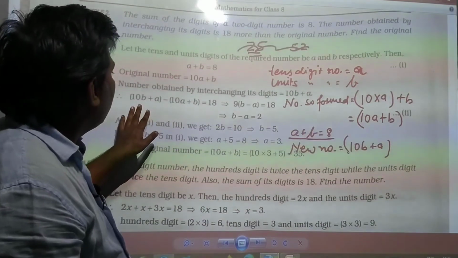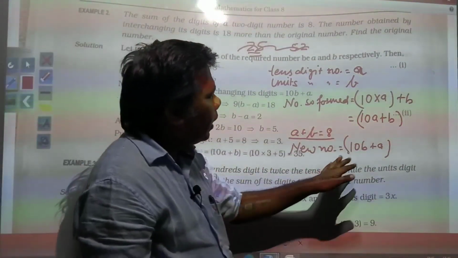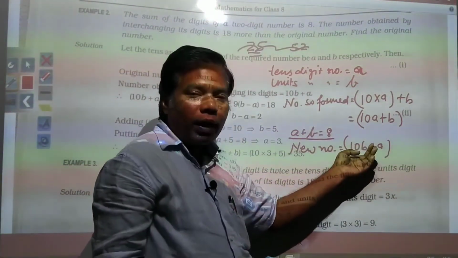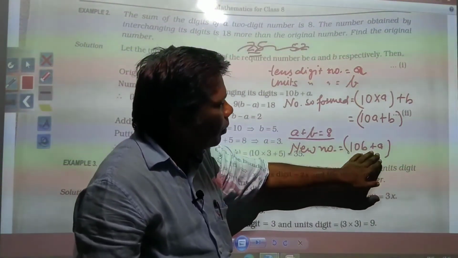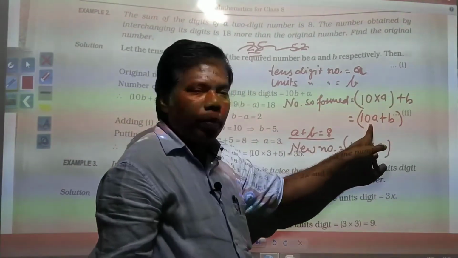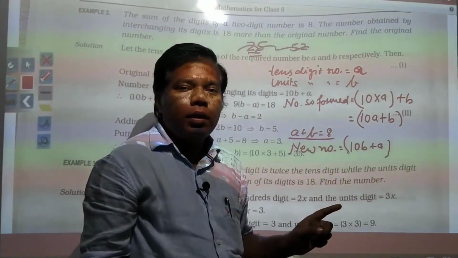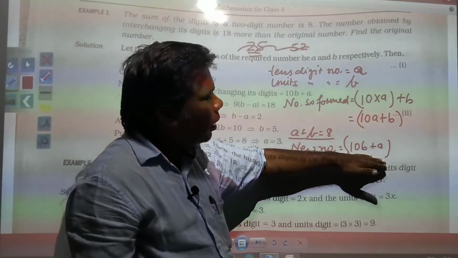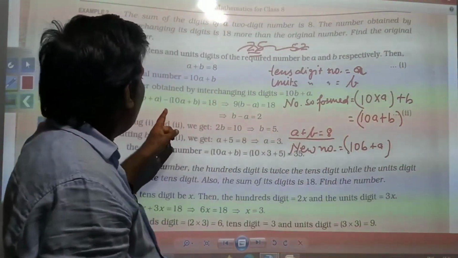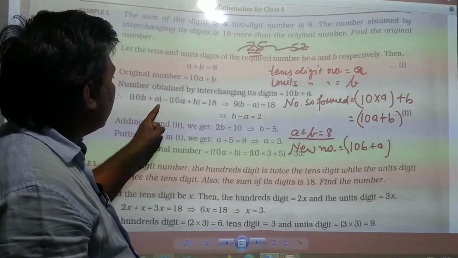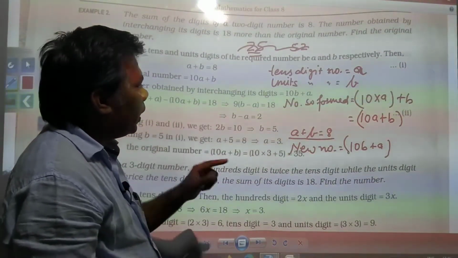This is the bigger one, 18 more. So if from the new number you subtract the old number, you will get 18. So here, 10b plus a minus (10a plus b) is equal to 18.